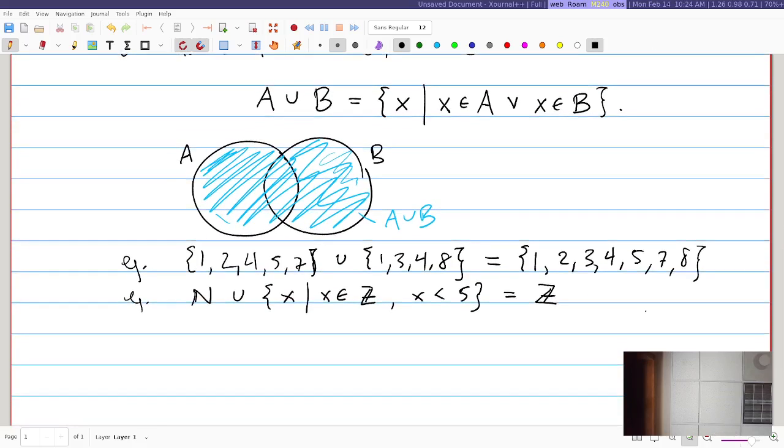Here's a question for you. What can we say? There are multiple answers to this, and I'm curious to hear what you think. What can we say about the size of A union B? Anything interesting? Size meaning the number of elements.